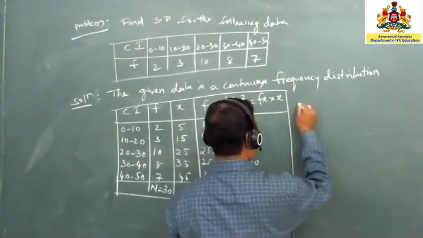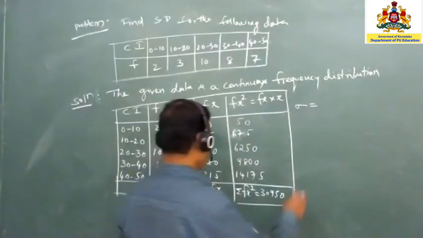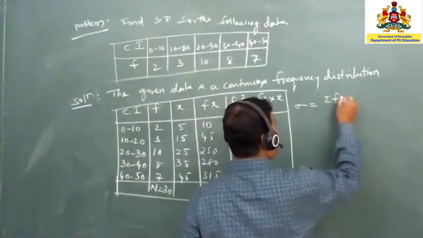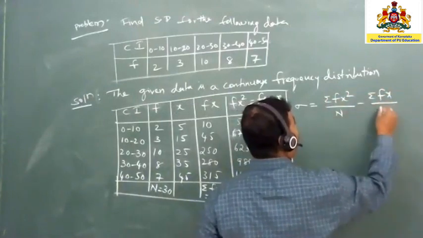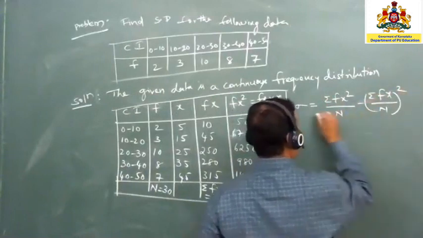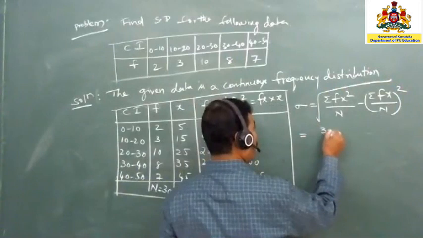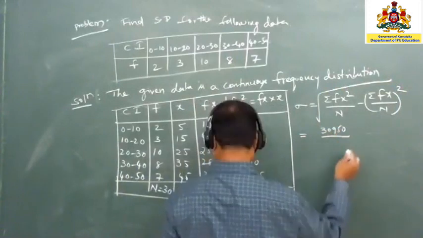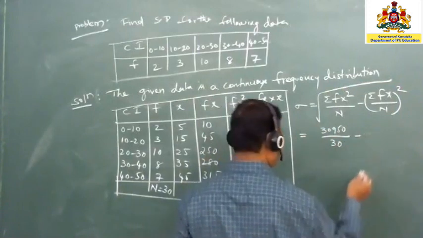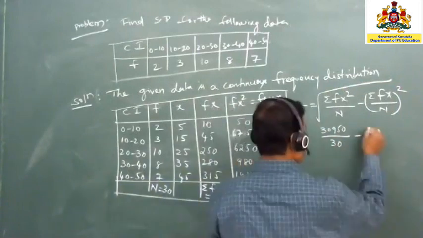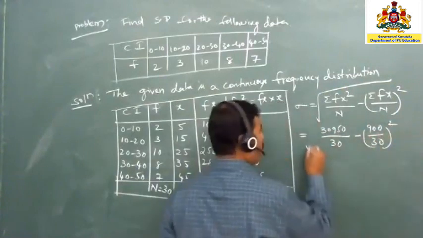Therefore, standard deviation sigma equals the square root of summation fx square by n minus summation fx by n whole square, equal to 30950 by 30 minus 900 by 30 whole square.